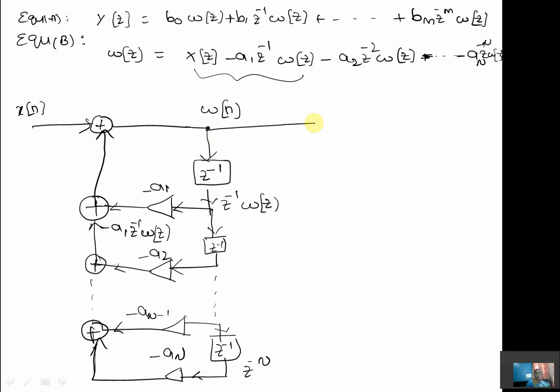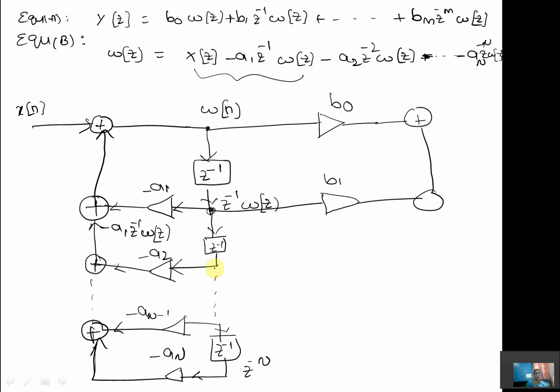Now from this W of z, to realize this equation A, here we have the W of z. Now see here, take b0 multiplier, then already we have here z inverse W of z. So use this one here and then multiply this one with the b1 and then add here all these terms.